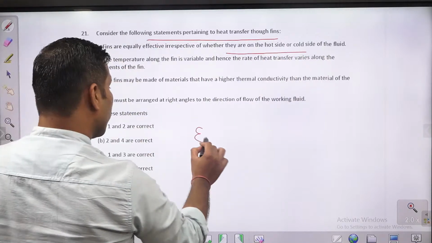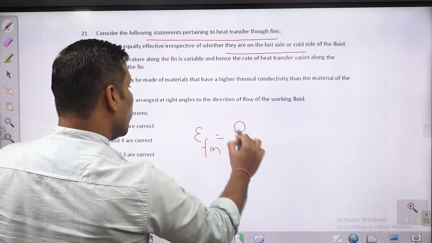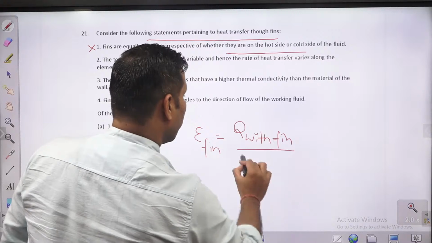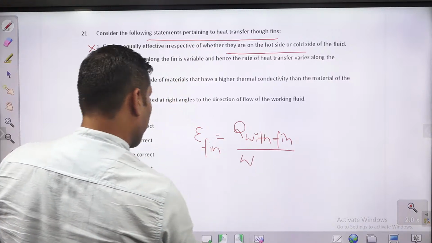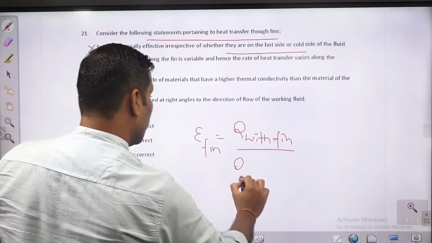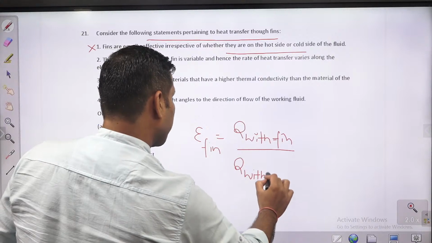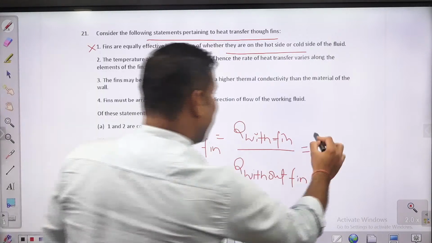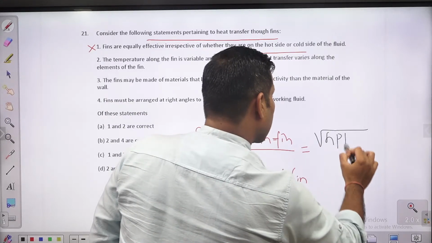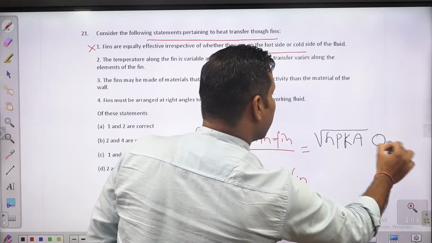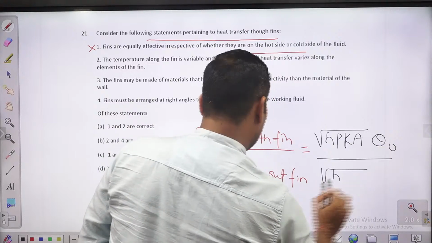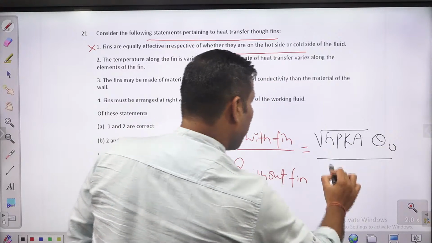You know, effectiveness of fin is nothing but Q with fin to the Q without fin. Q with fin is nothing but, considering the fin is of infinite length, under root HPKA. And without fin it will be HA theta naught.